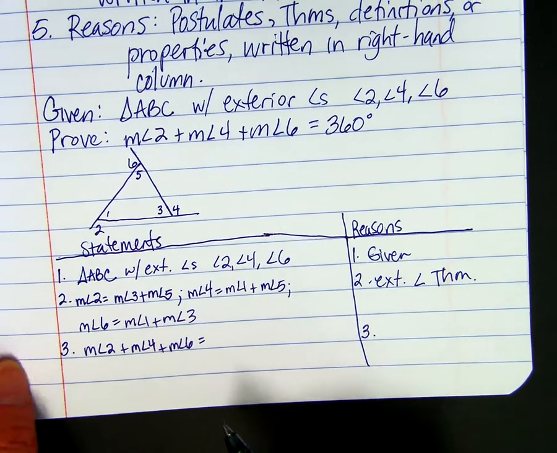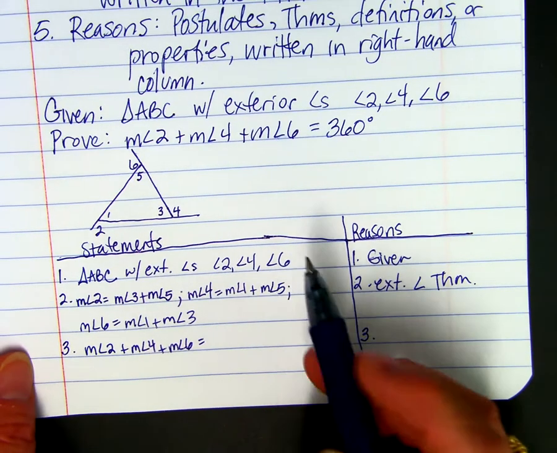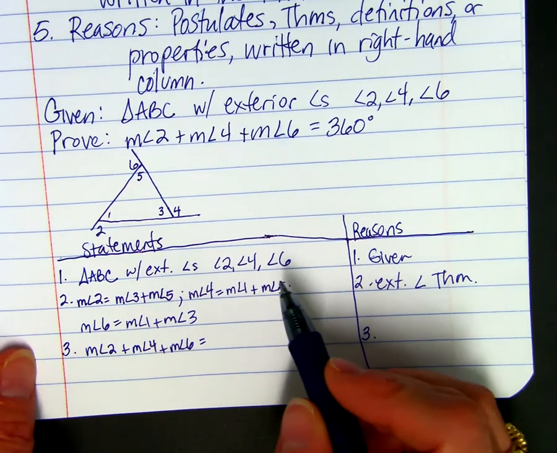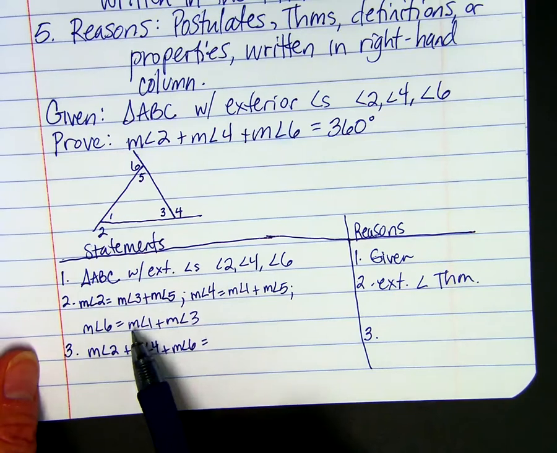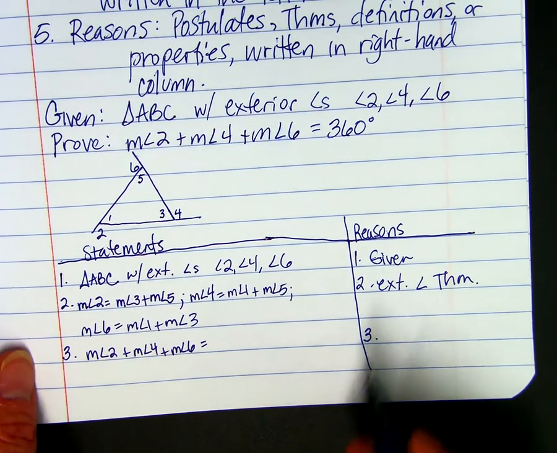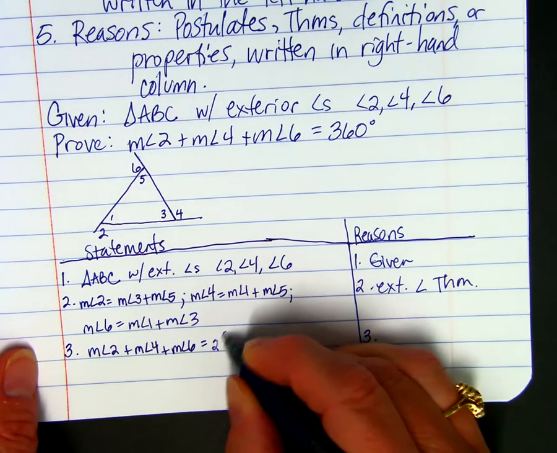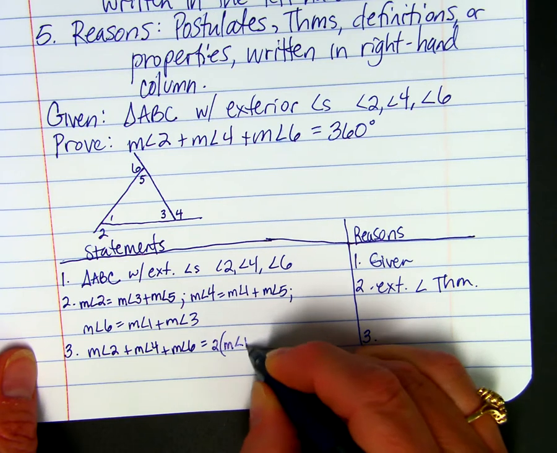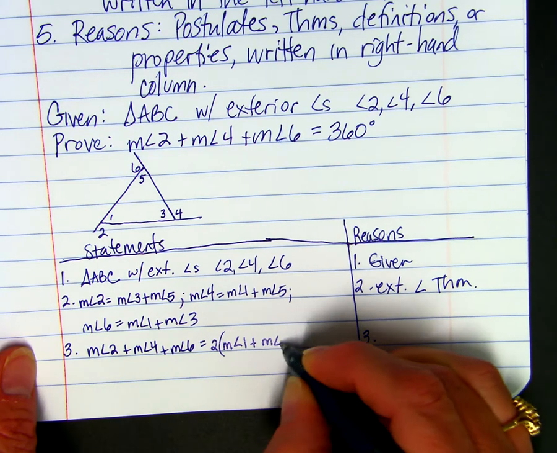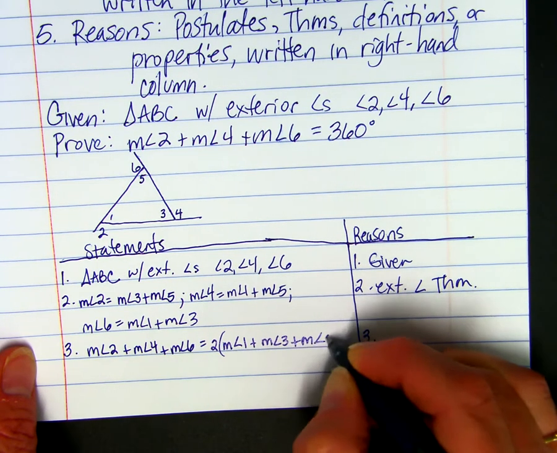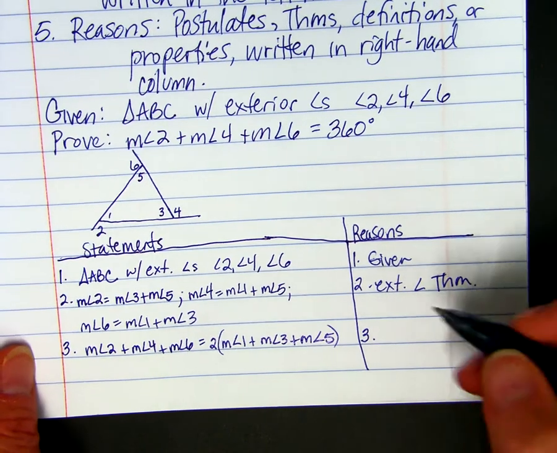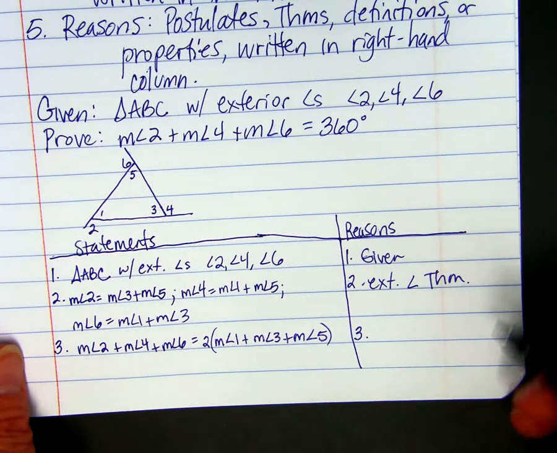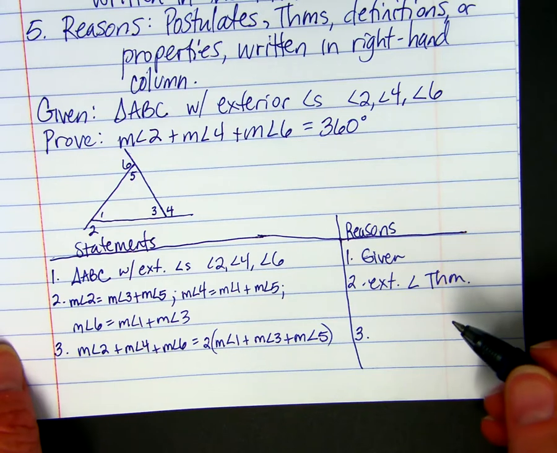So we have measure angle 1. Let's see, there's 2 1s, 2 3s, and 2 5s. So we can actually put a 2 out here. Measure angle 1 plus measure angle 3 plus measure angle 5. And that's called the addition of equations.